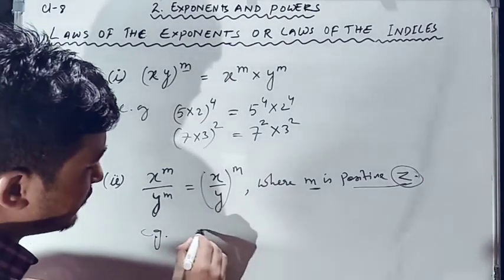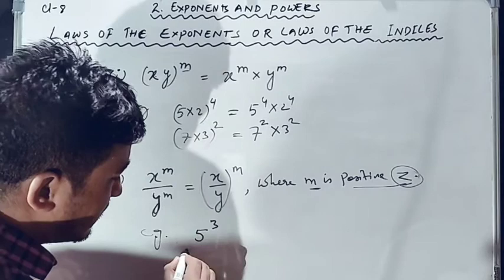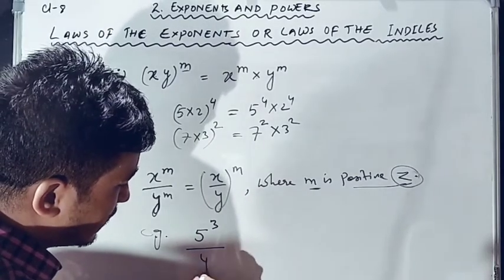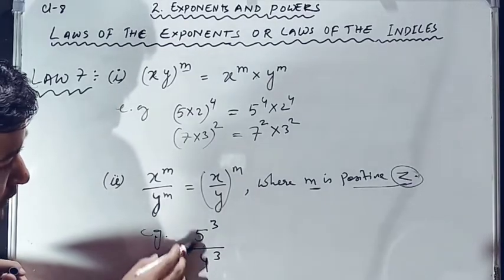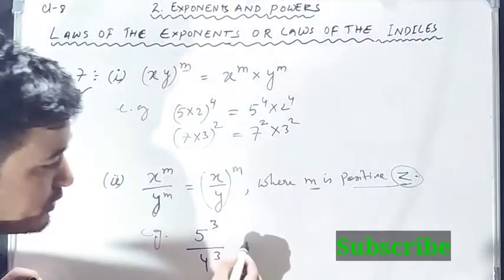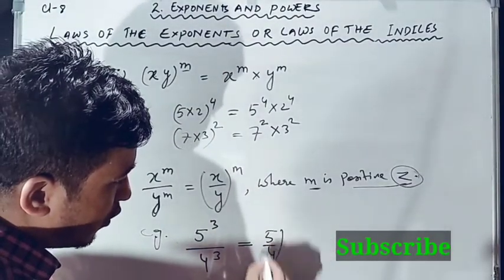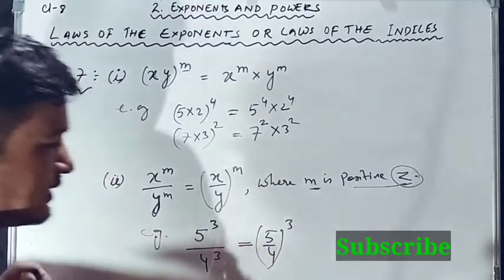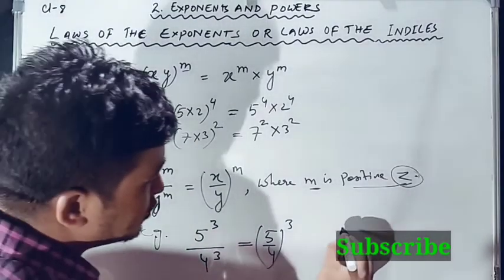Example, suppose 5 raised to the power 3 by 4 raised to the power 3. You can see here we have two different bases and the same exponent. So in this case, how will we write? 5 by 4 whole raised to the power 3. One more example I will show you.